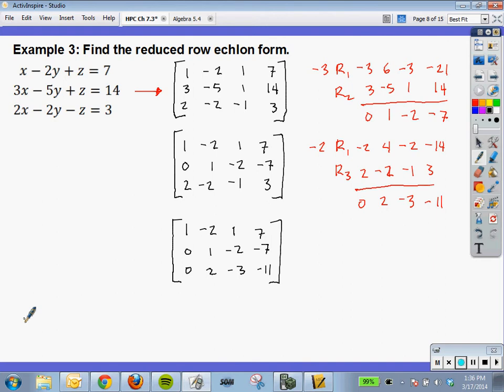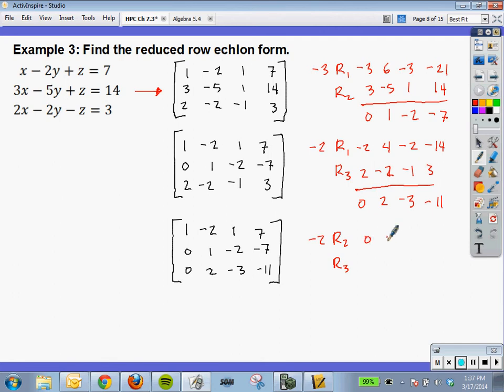So now what I want to do is, because I have the 1, the 0, the 0, and then actually I have a 1 in the row 2 column 2 spot, I need to now go for a 0 below that 1 there. So I'm going to add row 2 and row 3 together, and I'm going to multiply row 2 by a -2. So we have row 2 multiplied times a -2, and we're going to add that to row 3.